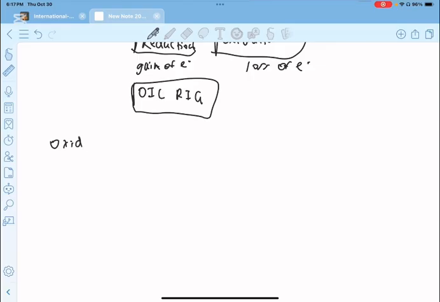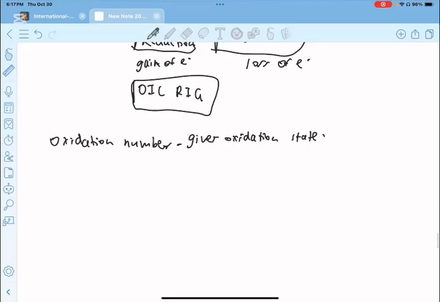What is oxidation number? Oxidation number is a number that gives the oxidation state of an element or an ionic substance. No one will ask you for the definition of this, so we just brush it up with general definitions. What you will be tested on, indirectly, is the rules for assigning oxidation numbers.